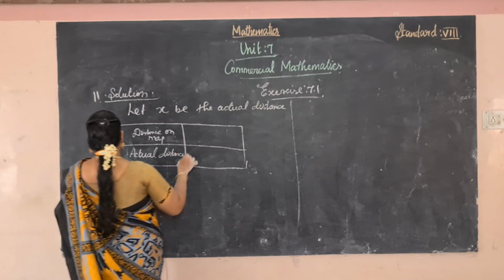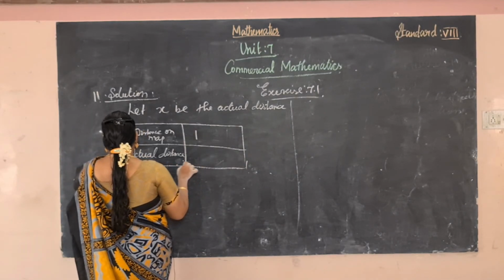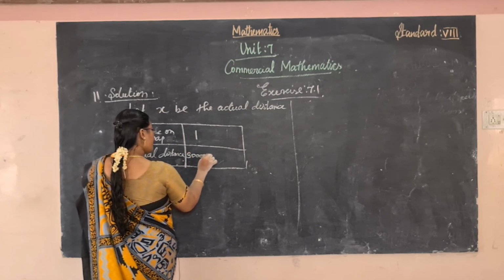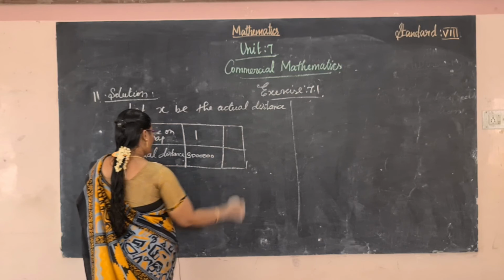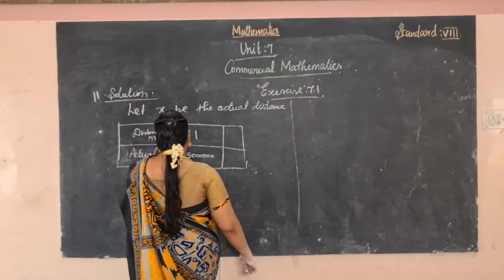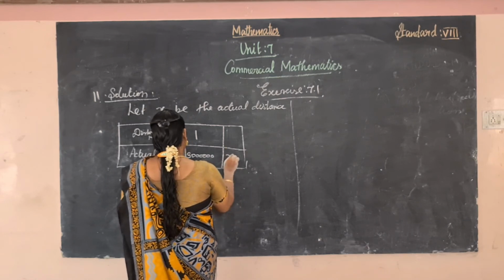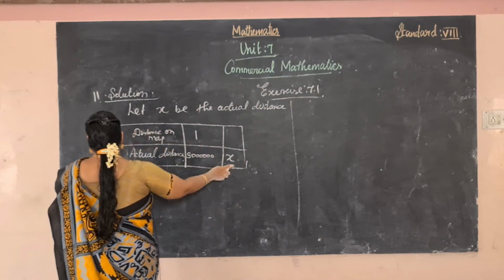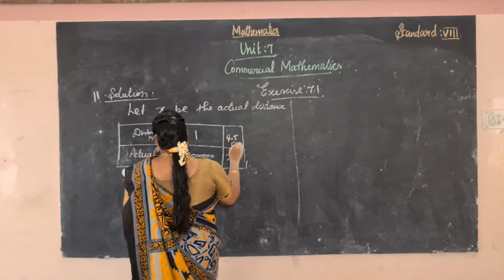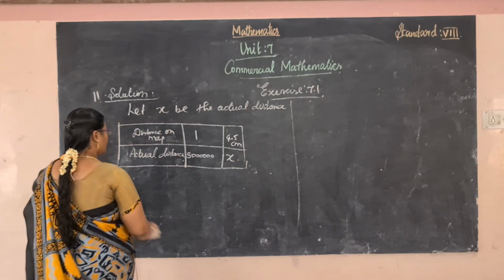We have considered them like this. So map is 1, actual distance is 3 lakh, and next, the distance is given, you have to find the actual distance. So actual distance we have considered as x, and 4.5 centimeter is given.